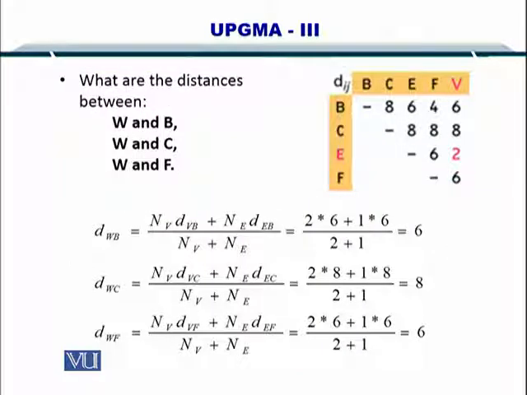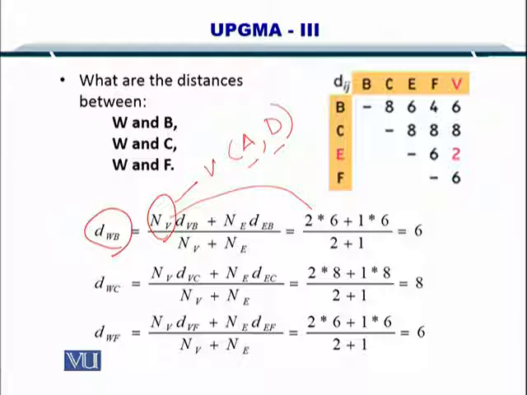So the distance between W and B is very easy to calculate using the formula. So the number of sequences in V, so remember, V was a cluster with sequences A and D, so it has two sequences. So here you input 2. Distance between V and B, so V and B have a distance of 6, so here you go.